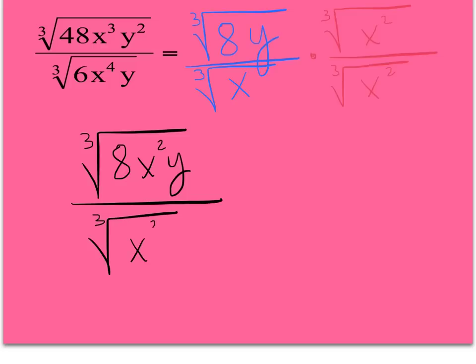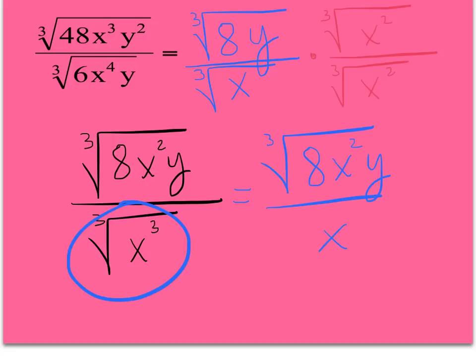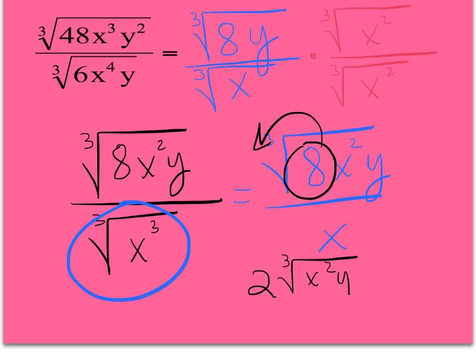But I can take the cube root of x cubed. That's just going to give me the cube root of x squared y over x. Okay, and I worked all that way and just realized that I can take the cube root of 8 also. Forgot to do that. So this is 2 on the cube root of x squared y all over x. And that is my final answer.